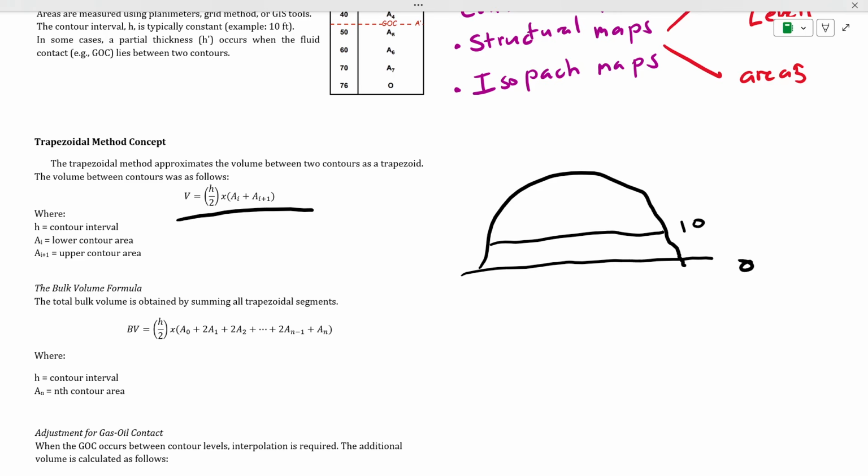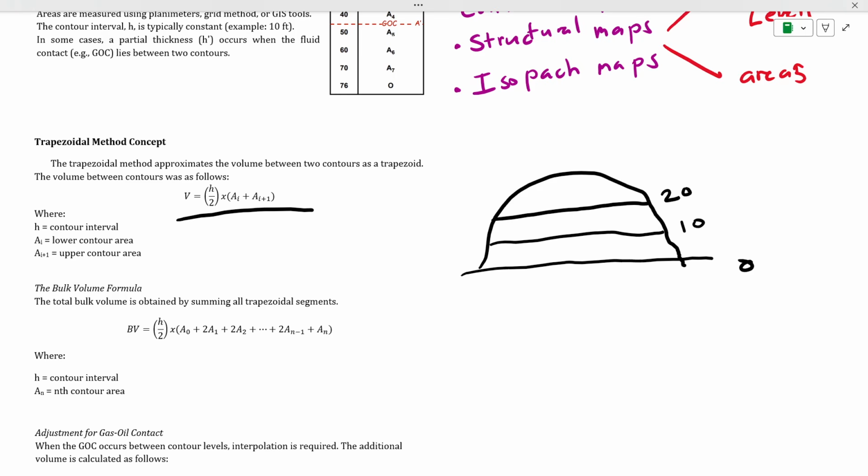Now, if we continue calculating the rest of the intervals, let's say in this interval we have 20 here.